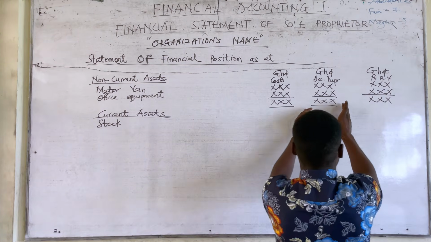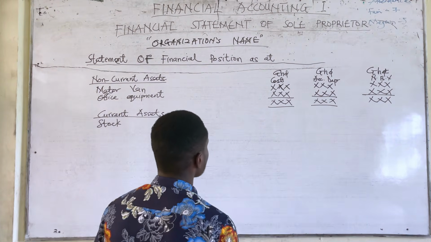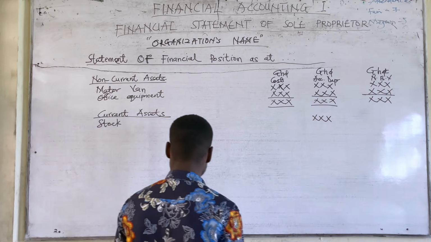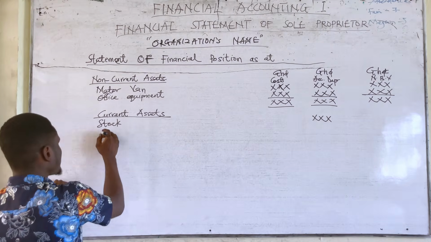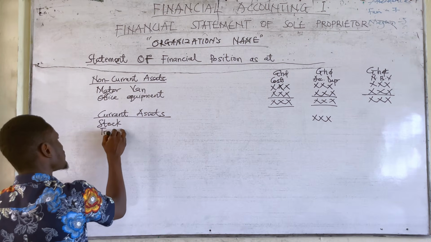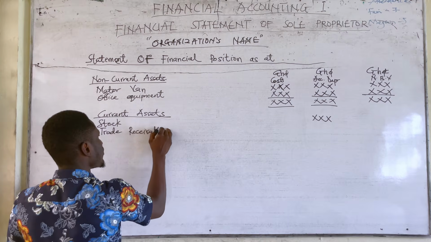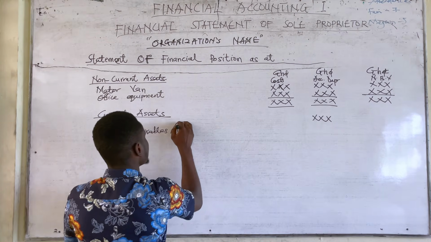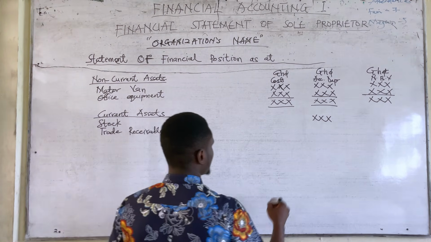You bring your stock here, in the second currency column. Good. Then you move on to trade receivables, and I'm listing some of the current assets you can get. If you don't see trade receivables, you will see debtors. So let me show it here: trade receivables or debtors. You bring it here.